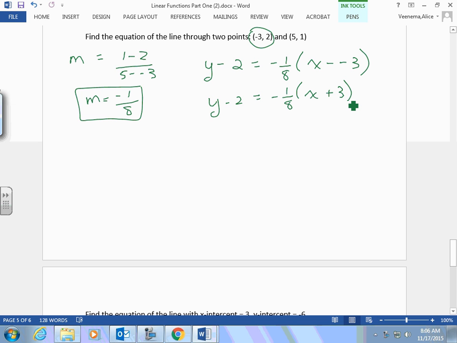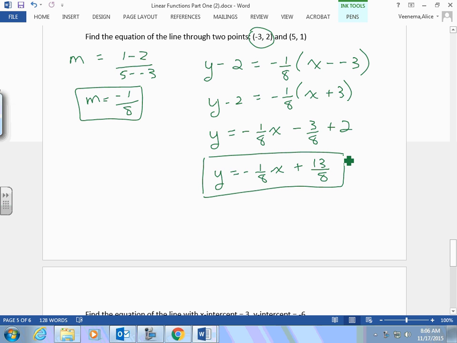Let's put it in function form. So add 2 to both sides. So y equals negative, and I'm going to multiply through those brackets right away while I'm at it. So negative 1/8 x minus 3/8 plus 2. Think of 2 in terms of eighths, that's 16/8. So y equals negative 1/8 x plus 13/8.